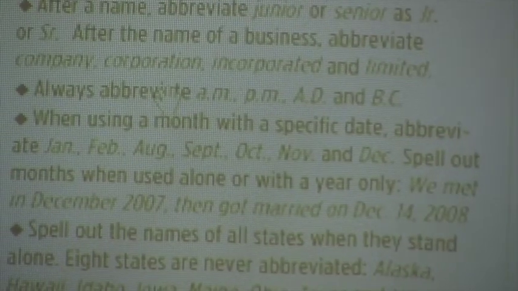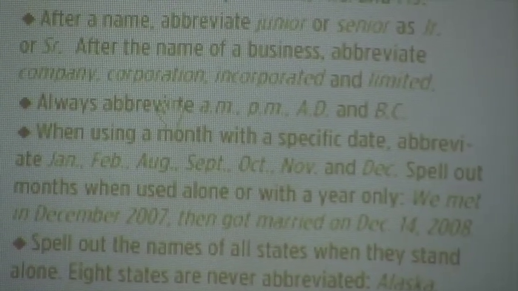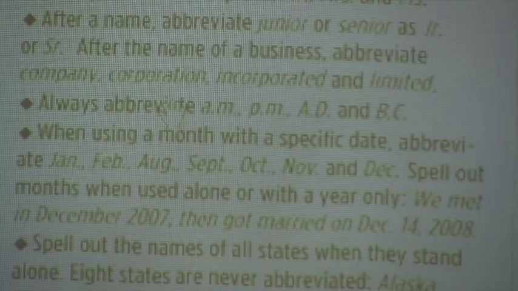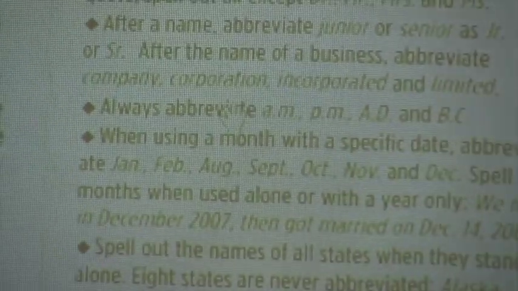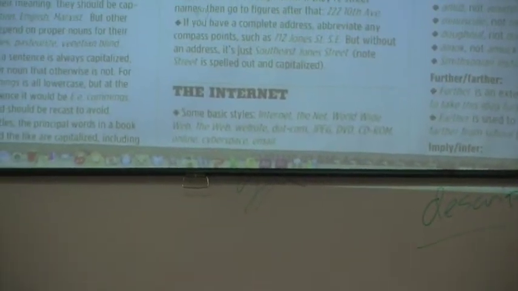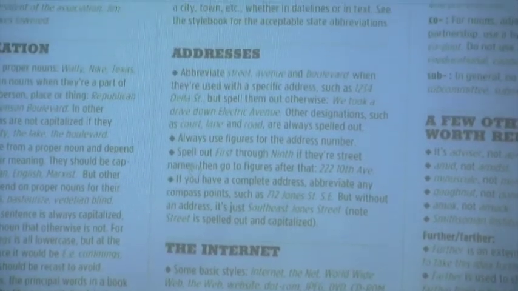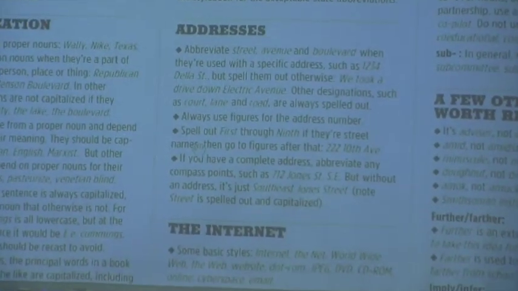I'm going to go down to Main Street. So you spell it S-T-R-E-E-T. I need to go to 234 Main St. You then abbreviate streets. Okay, addresses. Next section there. The first three you really want to know, and I just mentioned it. Abbreviate street, avenue, and boulevard when they're used with a specific address.